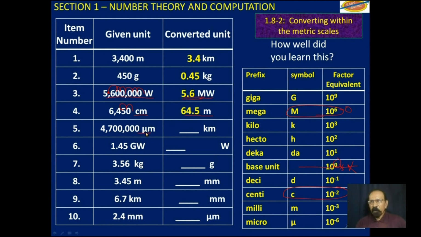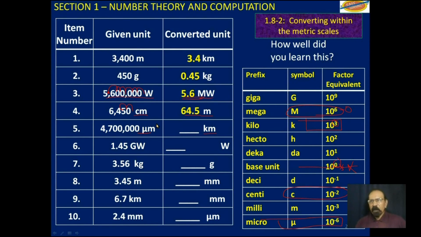Next, micrometer to kilometer. Okay, micrometer is down here. Kilometers is up here. So we are going from 10 to the -6 to 10 to the third. So we divide the larger factor by the smaller one, which means we have to subtract the indices. So 10 to the third minus -6, which will give us 10 to the ninth.